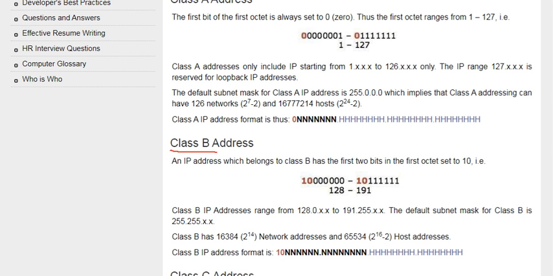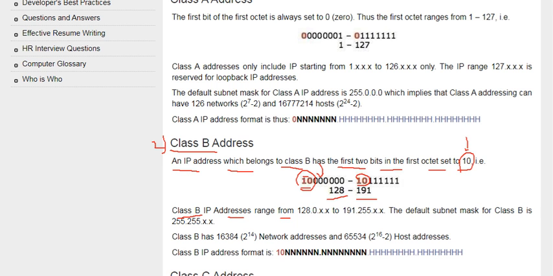The second class of IPv4 addressing is class B. In class B, an IP address which belongs to class B has the first 2 bits in the first octet set to 10. So we can say that it is a class B address of IPv4. Here the first 2 bits at the MSB side will be set to 10, as shown with the red mark. Its range is from 128 to 191.